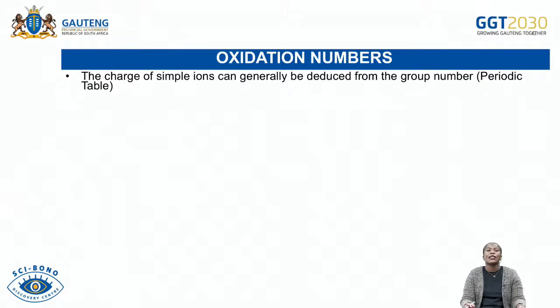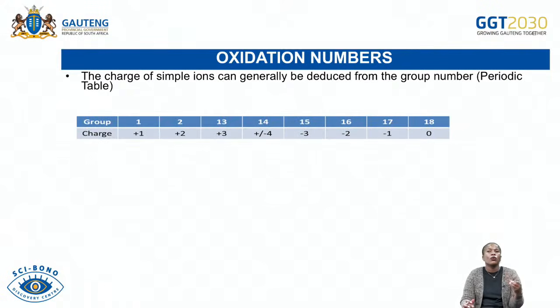All right, so we say the charge of simple ions can generally be deduced from the group number in the periodic table. How? You ask yourself, how can we assign these simple charges based on the group number of that specific element? So we've got group 1 and then group 2, group 13, group 14, 15, 16, 17, as well as 18.